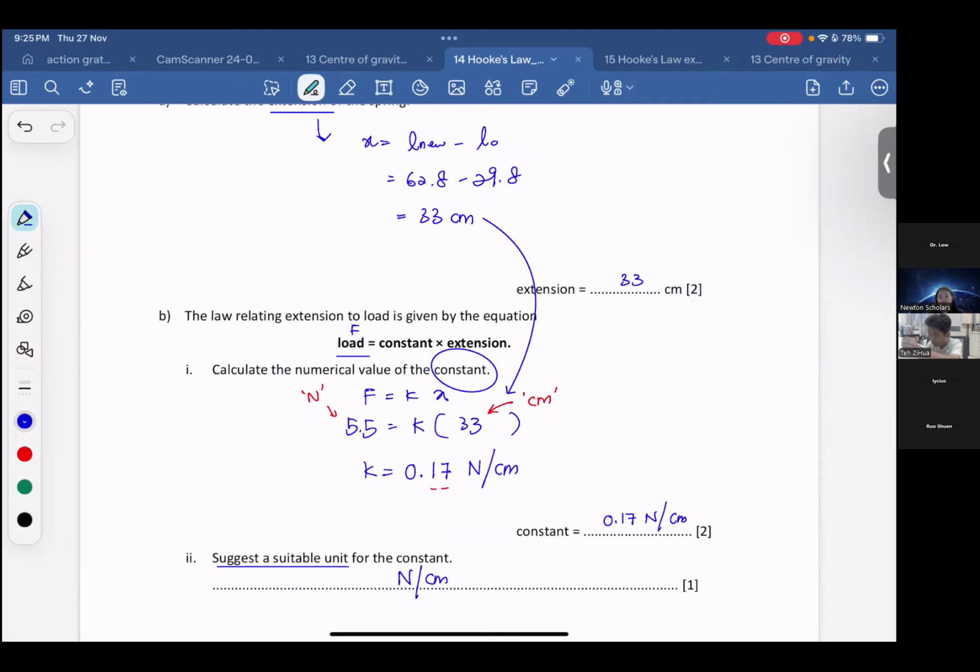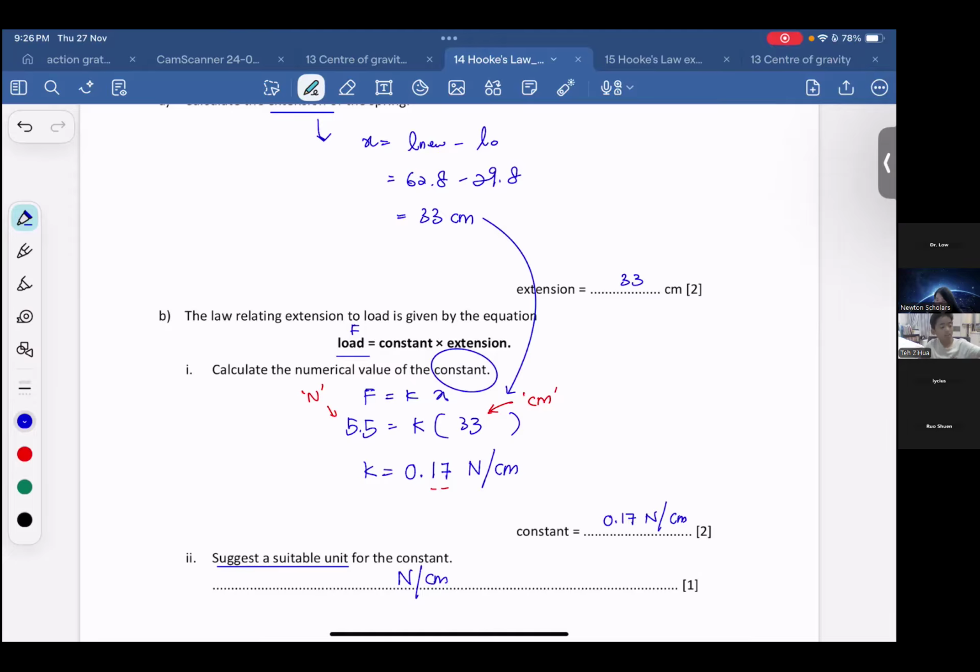Any question for this question number 7? Load is force, or maybe the weight. Maybe they didn't give you the weight or force, but they give you mass. If they give you mass, then we have to use m times g. Any question? If no question, we go to the last one.